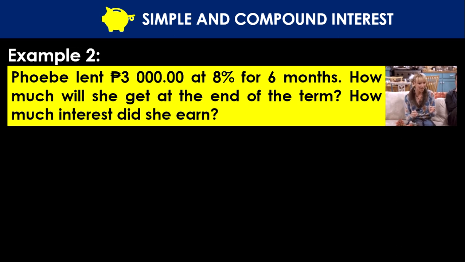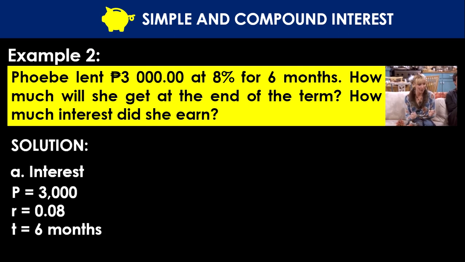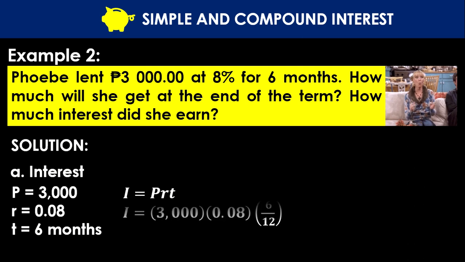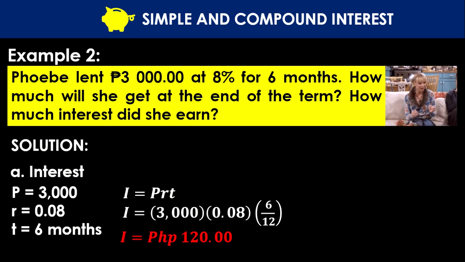In order to do that, we need to divide the 6 months by 12, which is 6 over 12, or simply 1 half. Then we can substitute that to our formula: 3,000 times 0.08 times 6 over 12, or simply 1 half, or 0.5. By multiplying all of that, our interest here is 120 pesos.